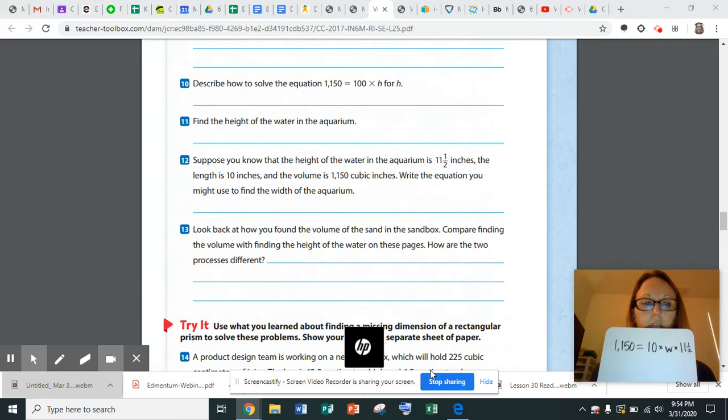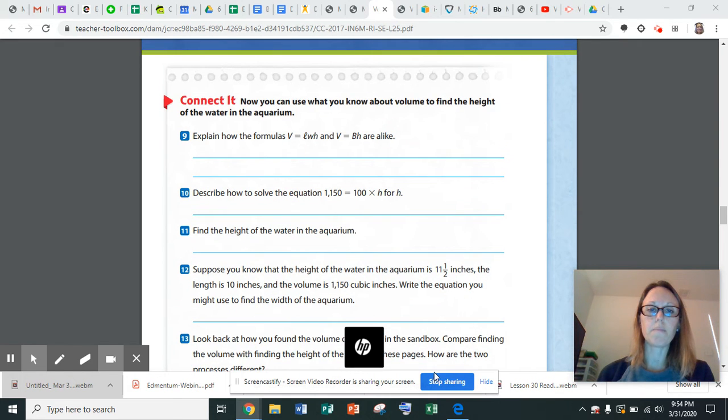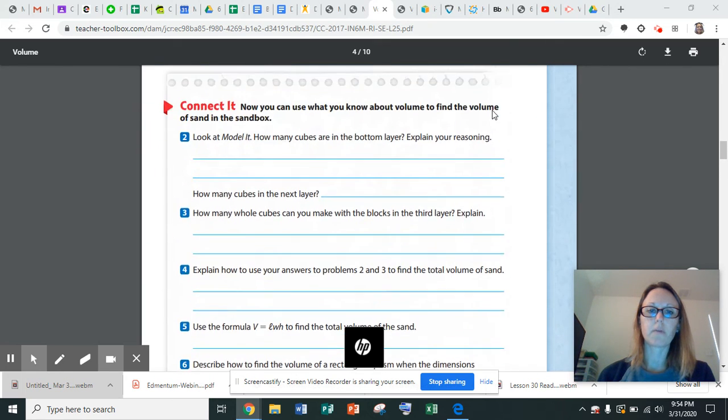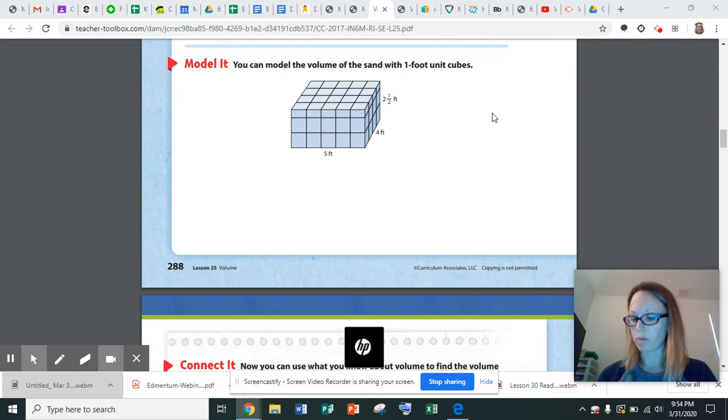Number 13. Look back at how you found the volume of the sand in the sandbox. Compare finding the volume with finding the height of the water on these pages. How are the two processes different? Well, if we went back to the sandbox problem, we just multiplied the numbers for the volume. When we were solving for the volume, we took 5 times 4 times 2.5.